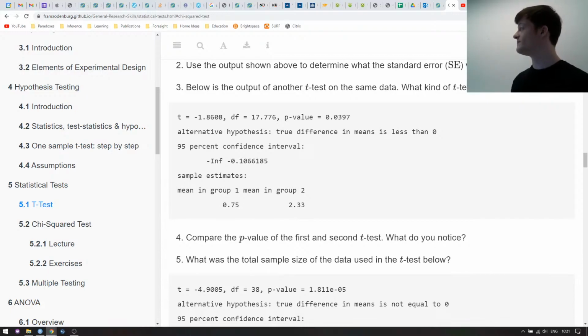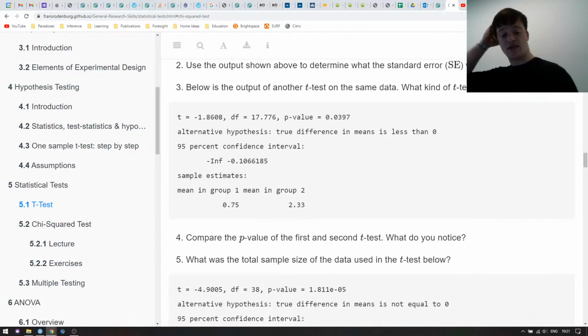Yes? It's one-sided. How can you tell? Because of the infinite confidence interval. Exactly. So this confidence interval says that the difference is at least minus 0.1 millimeter, and it can be anything larger than that in the negative direction. So it only estimated one bound.